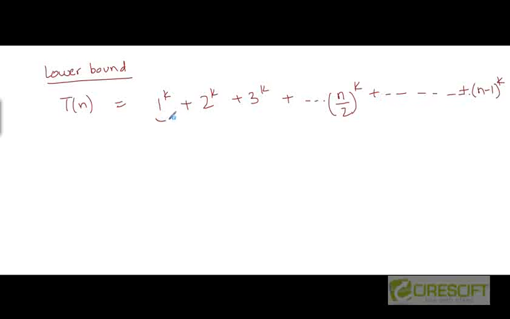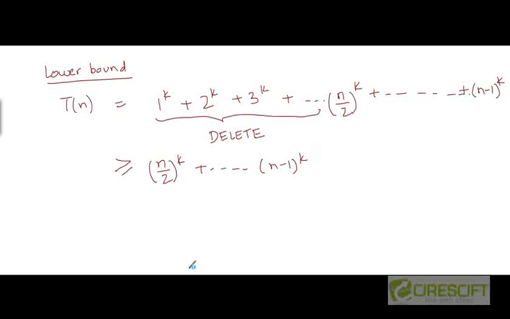So why not delete the first half completely? If we delete the first half, we get a series that is truncated. It starts from the middle term of the original series and goes up to n minus 1 to the power k.